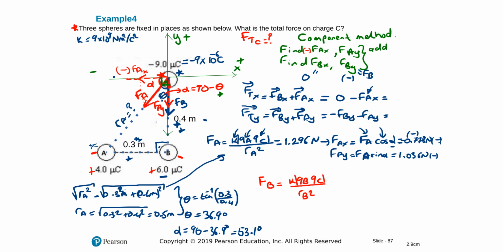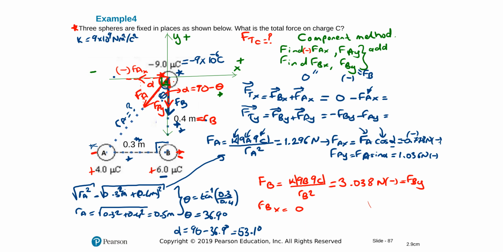We know charge B, charge C. This guy here would be our RB, distance from B to C. Once we input everything, we're going to find a force of 3.04 Newton. And that's down, that's negative, that's also equal to FBY. Only along Y, FBX is equal to 0.